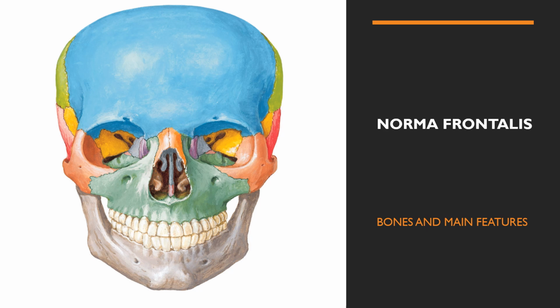Also, you can see here the maxilla. As I said, the maxillae form the upper jaw and hold the upper teeth, and they have notable features such as the body, which is here, and four processes.